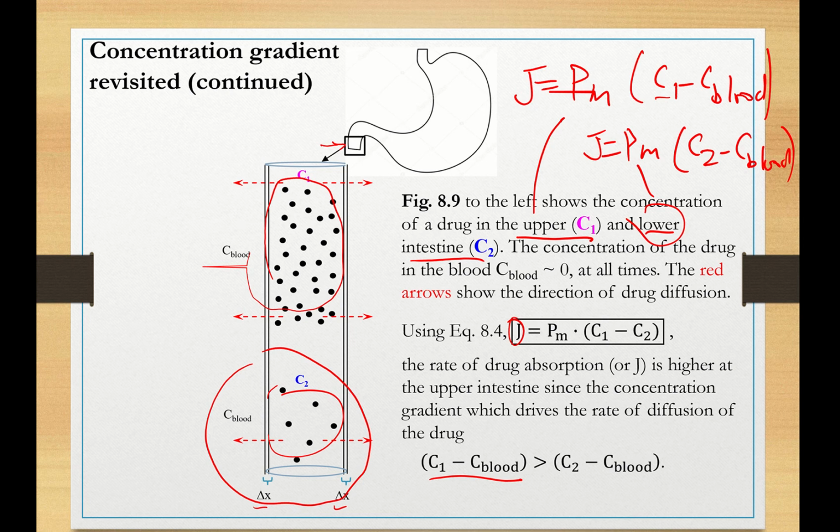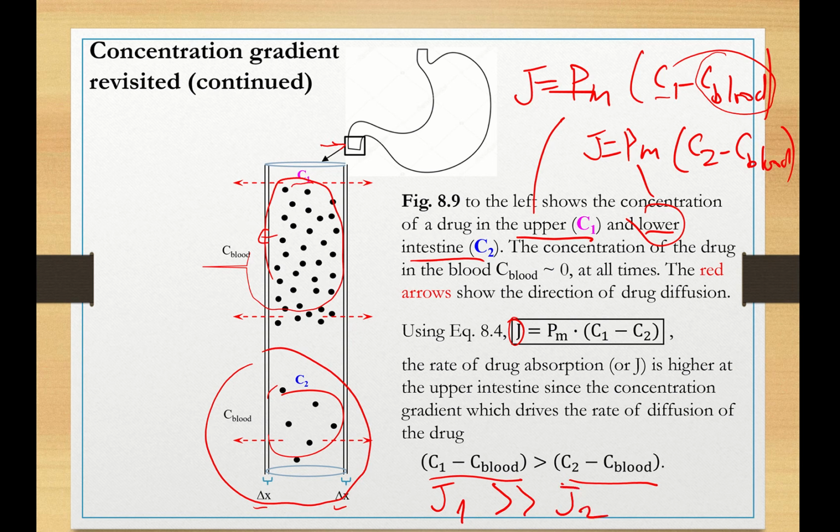So again, I repeat, since C1 is much higher than C blood, essentially the concentration of the drug in the blood is going to be close to zero, because the moment it is diffused in the blood, the blood is carrying it away into other tissues, right? So since C1 is much higher than C2, as you can see over here, J1 is going to be much higher than J2. So that's the flux of the drug.